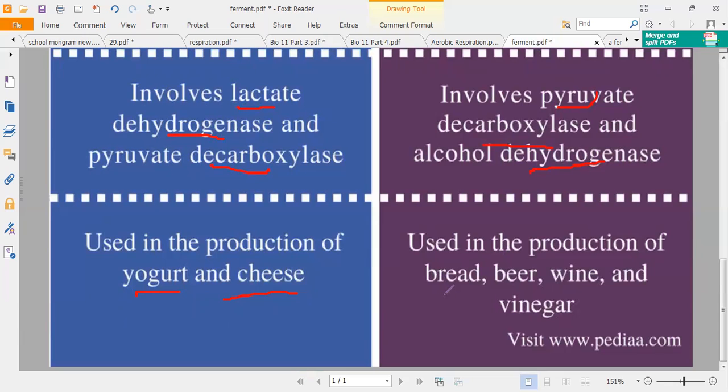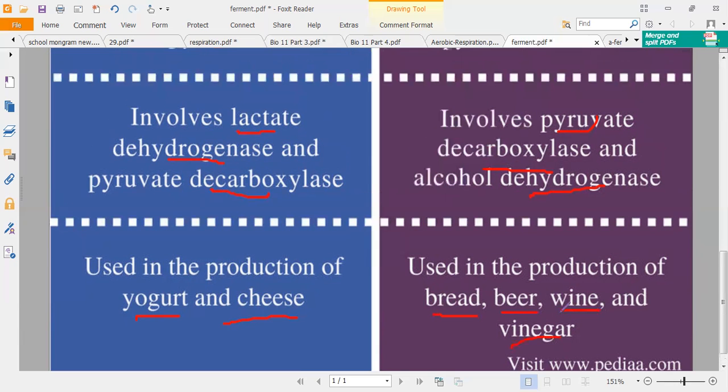And alcoholic fermentation is used for making bakery items like bread, and we also use it in the brewing industry to produce beer, wine, and vinegar.